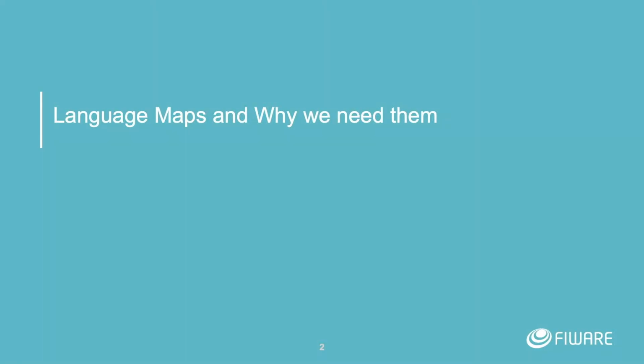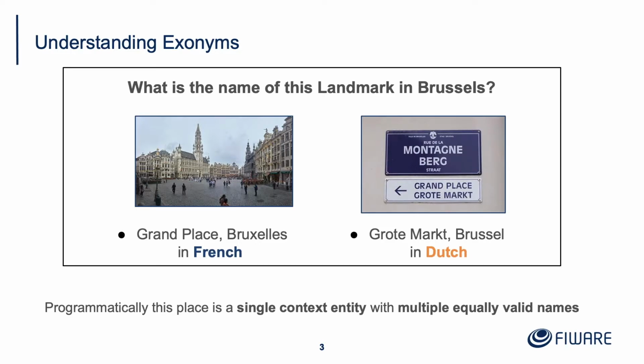So language maps, why do we need them? Well, you need to understand that the world's a complicated place, and many different places have equally valid names in different languages. Look at the central square in Brussels. It's got two different names, one in Flemish, one in French: either Grand Place Bruxelles or Grote Markt Brussels.